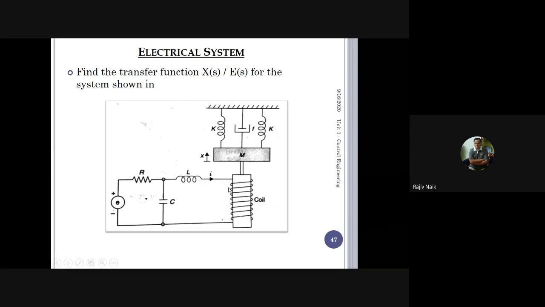So what happens is, the arrangement is such that when you press the bell, the supply starts, and this mass is going to be pulled down against the spring force and this friction and against the inertia of the mass. Now that means this coil is applying a force here. That force we want.